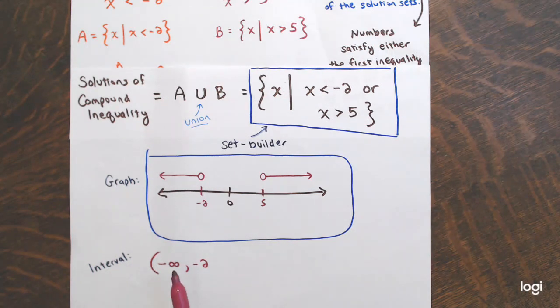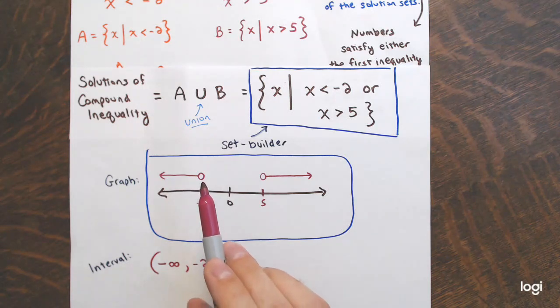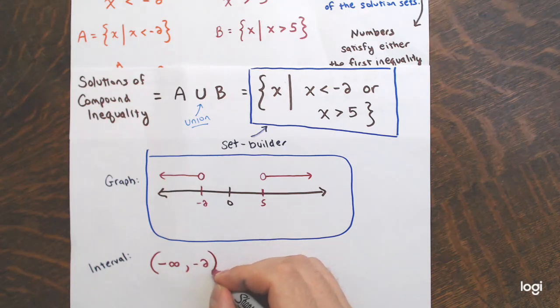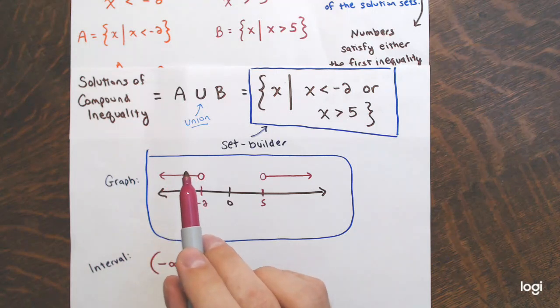It's not a solution, so we put a parenthesis on it to indicate that negative infinity is not a solution because it's not a number. And then -2, the right end, is -2 a solution? Well, we said no, right? -2 is not a solution, so again a parenthesis on that. All right, so there's the interval representing this first piece of the graph.